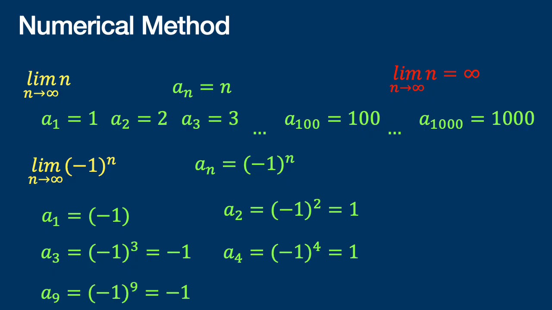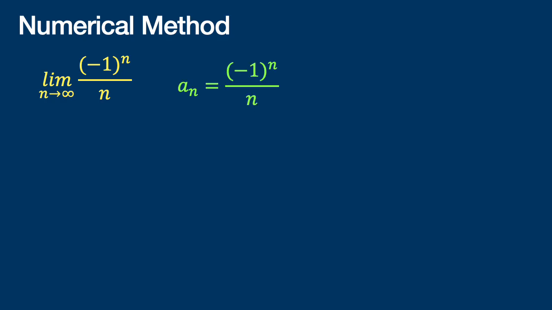Let's try n equal 9: negative 1. n equal 10, a10 is 1. This sequence is oscillating: negative 1, 1, negative 1, 1, negative 1, 1. So this limit does not exist because the terms are not going to one single value.